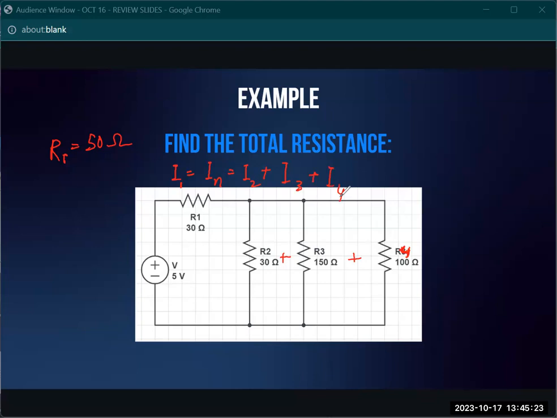So, paano natin aalamin yung distribution? Alam natin na I equals P over R. And that's just 5 over 50, is equal to 0.1 ampere.